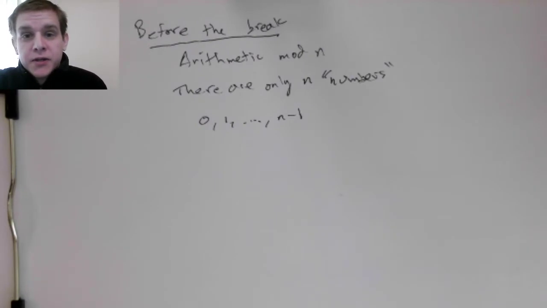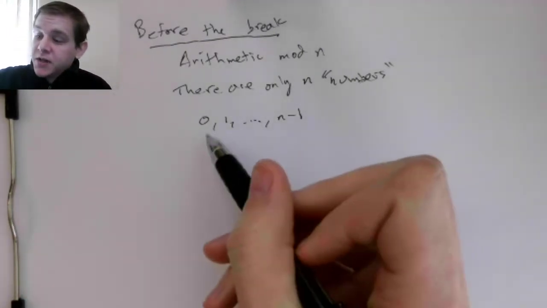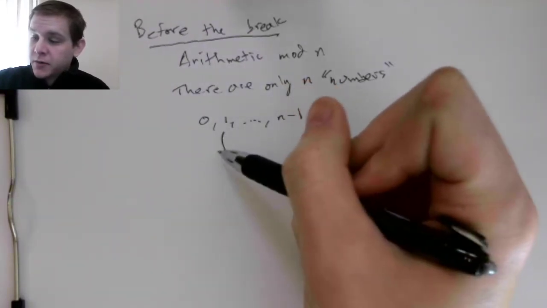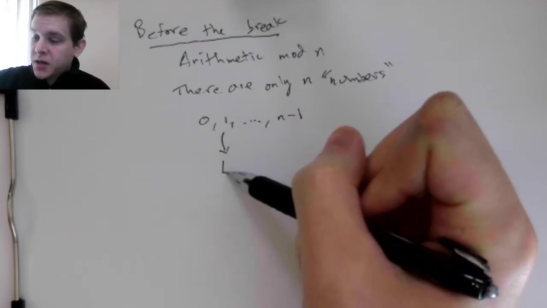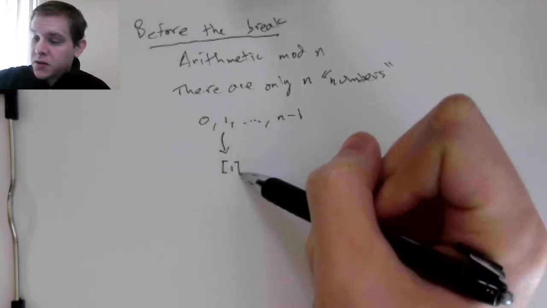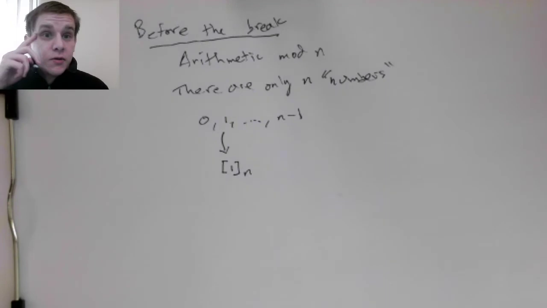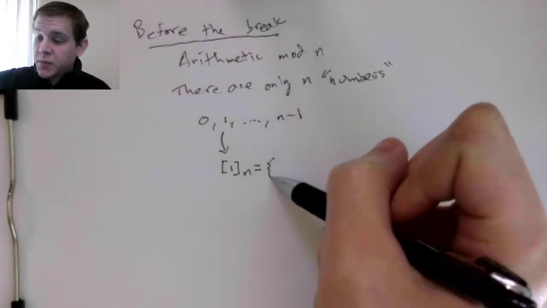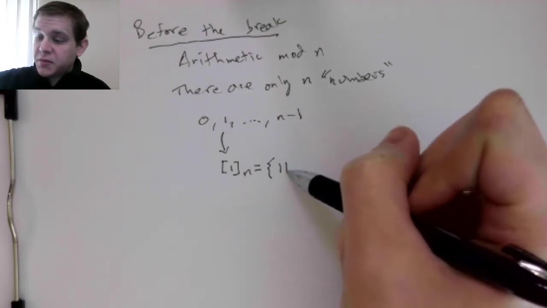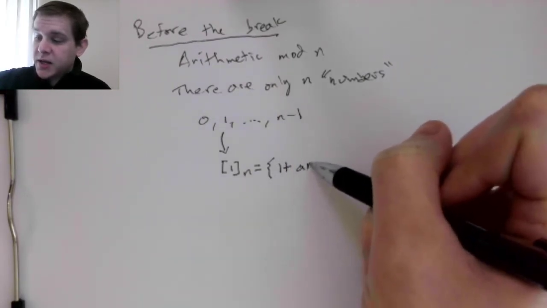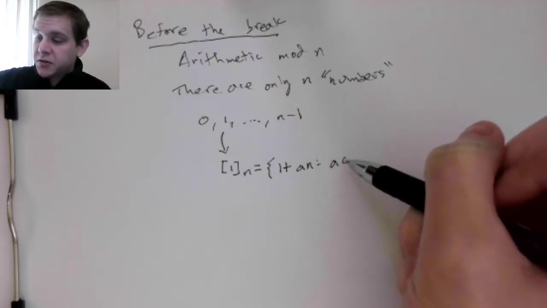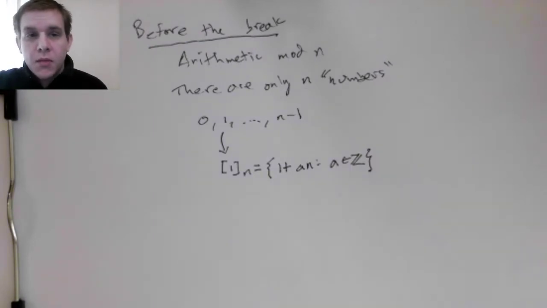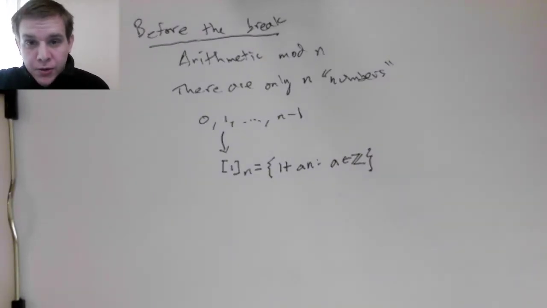The reason we do this is because each of these represents an equivalence class. So really when I write 1, when I work in arithmetic mod n, I mean 1 sub n, which is the equivalence class of 1 modulo n, which are all the things equivalent to 1 mod n, which turns out to be 1 plus a times n, where a is any integer. So this is our equivalence class.